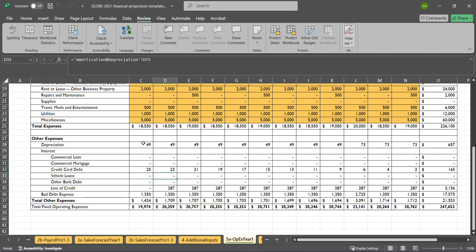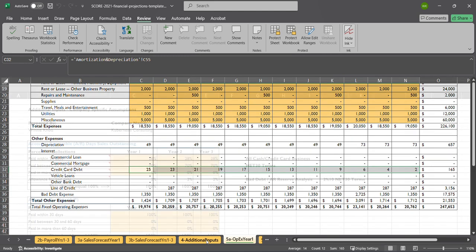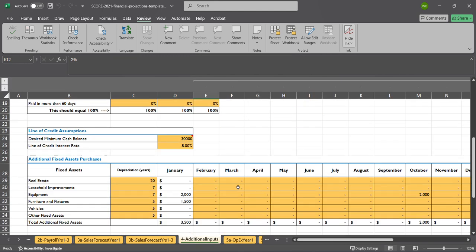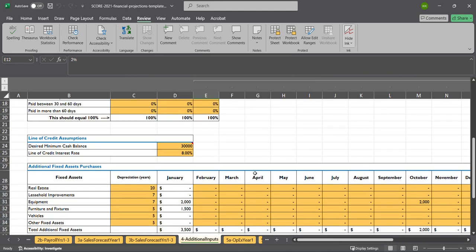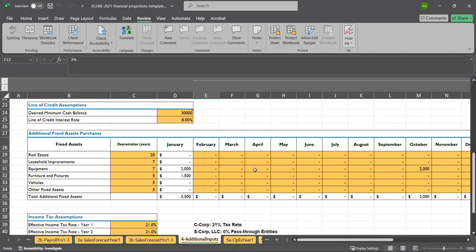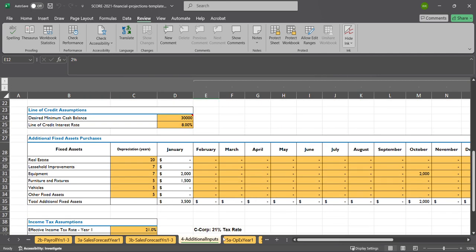These numbers are driven by the inputs from different sections. All of the additional inputs that were covered in the last video come into play, and these calculate how much interest or depreciation you will incur. So that's where it's important to get the previous inputs right.